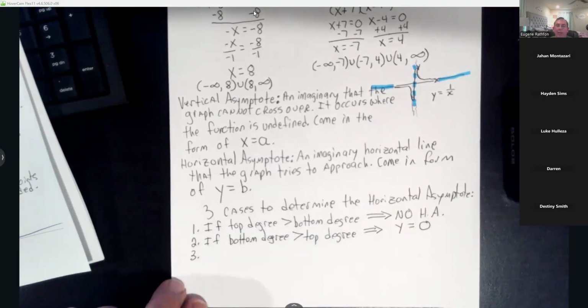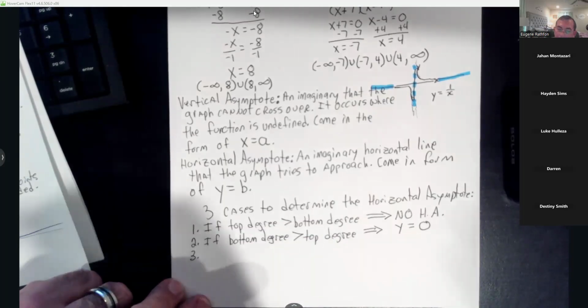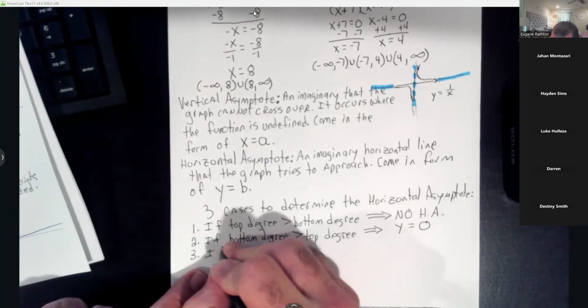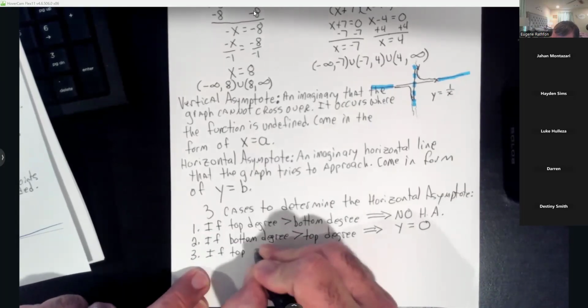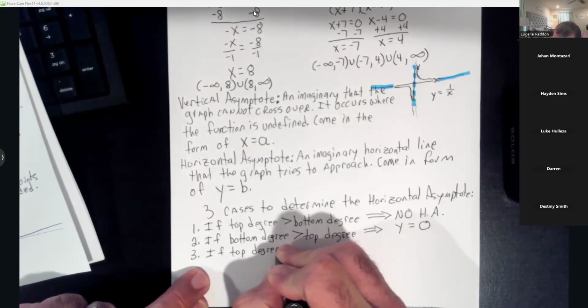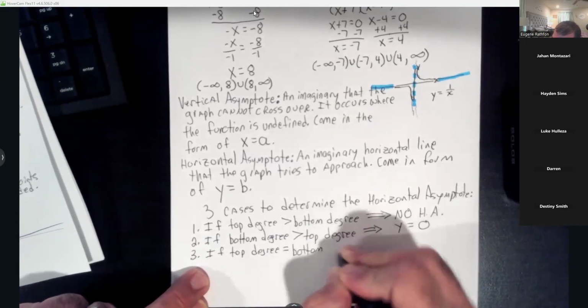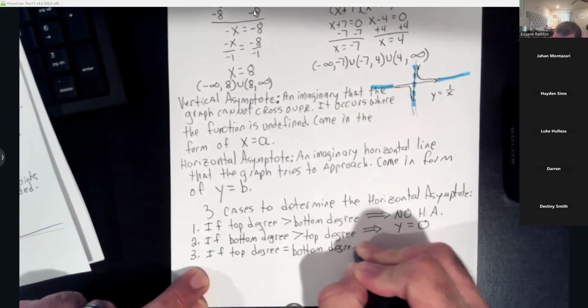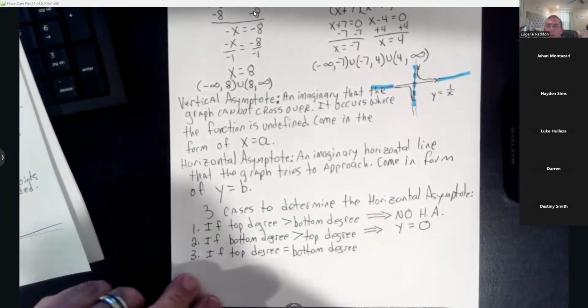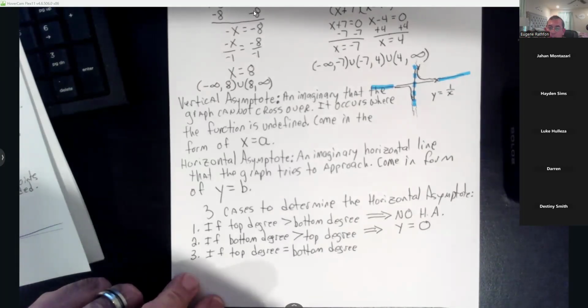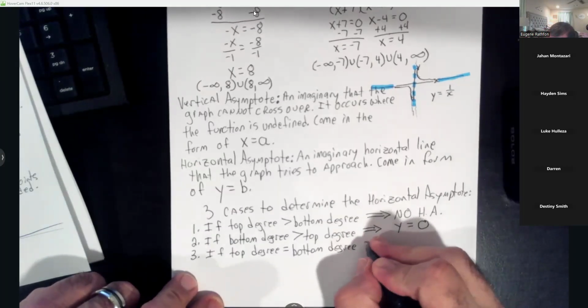And y'all, there's only one more case. What if they're equal? If the top degree equals the bottom degree, so the largest exponent up top matches the largest exponent on bottom.